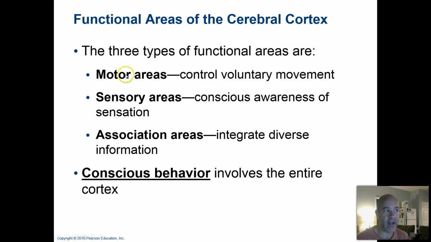Then you have sensory areas. So these are neurons within the cerebral cortex that allow you to perceive your senses. So, your sense of smell, vision, things like that, sounds that you're hearing, touch, pain, those are perceived up here in the cerebral cortex.